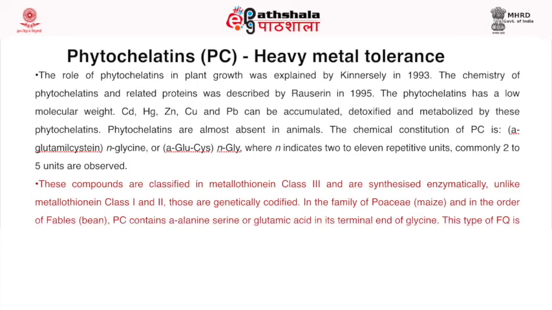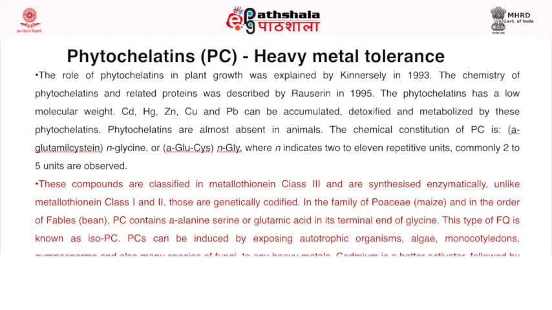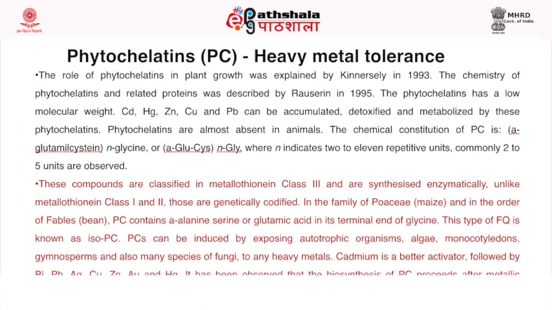In the Poaceae family, as maize is a member of this Poaceae family, and in the order Fabales, for example the bean family, these phytochelatins contain alanine, serine or glutamic acid at the terminal end instead of glycine. This type is known as iso-PC. Phytochelatins can be induced by exposing autotrophic organisms, algae, monocotyledons, gymnosperms, and also many species of fungi to any heavy metal.